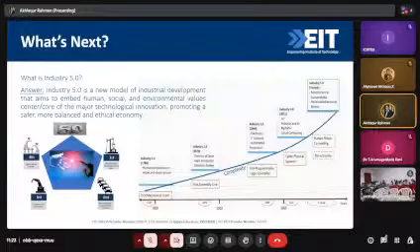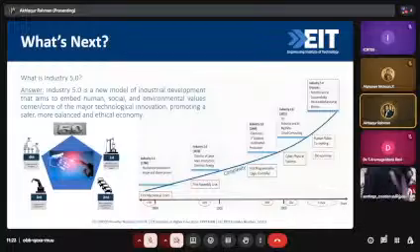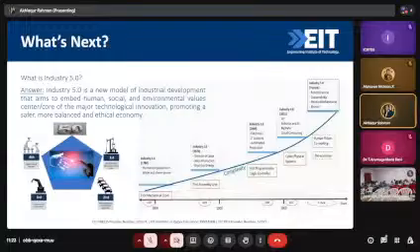Okay, so if Industry 4.0 was about taking people away from the plant floor, so machines can operate on the plant floor autonomously, Industry 5.0 is about bringing humans back into the operation floor or plant floor, but in a safe manner, and keeping the focus on human safety as well as environmental safety. So that's mainly Industry 5.0.